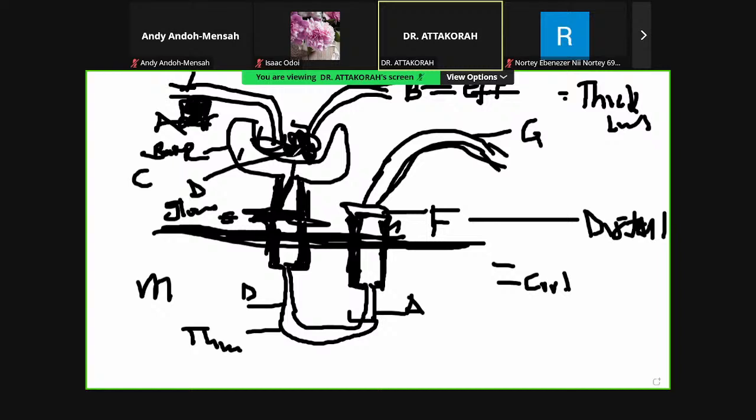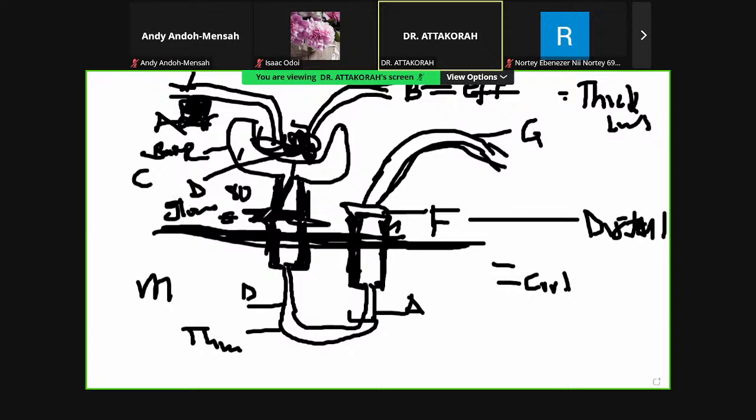The filtrate going through the Bowman capsules contains sodium, potassium, magnesium, urea, amino acids, a lot. When they get into the proximal convoluted tube, about 80% of the things within the filtrates will be reabsorbed.